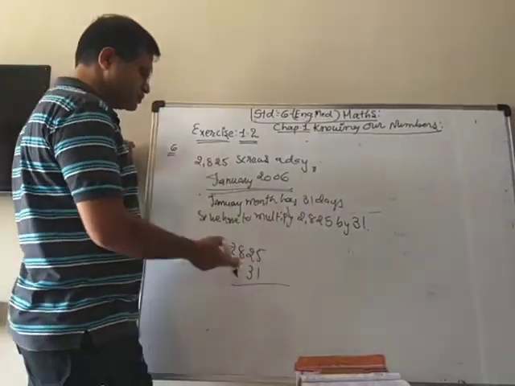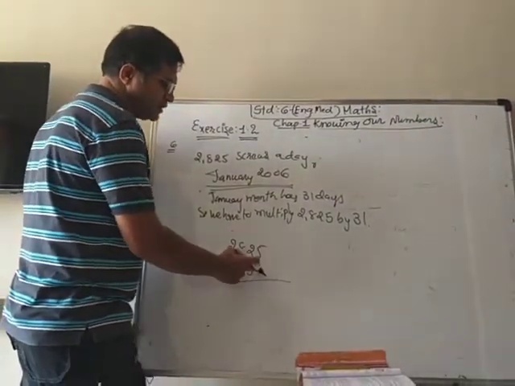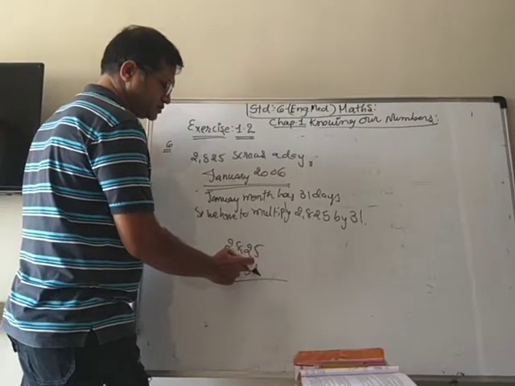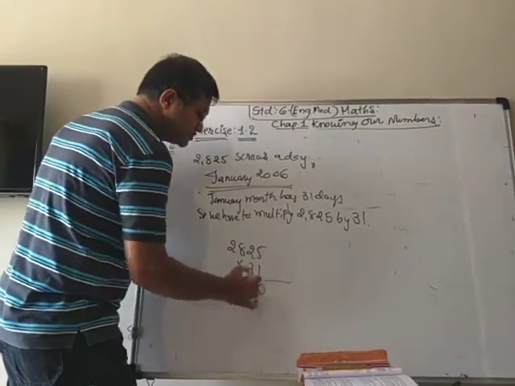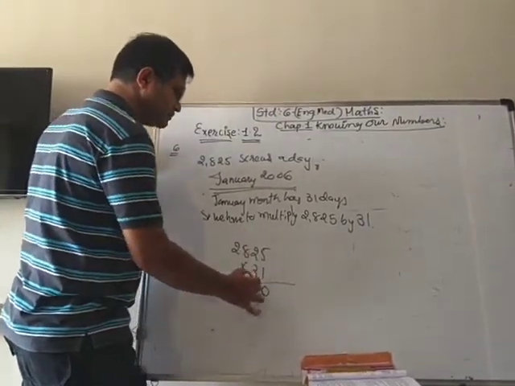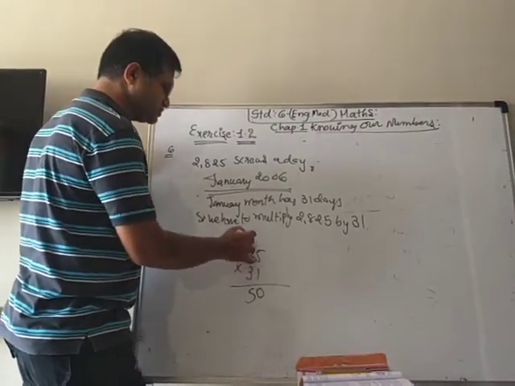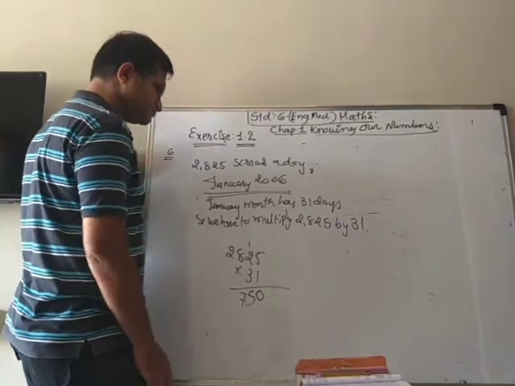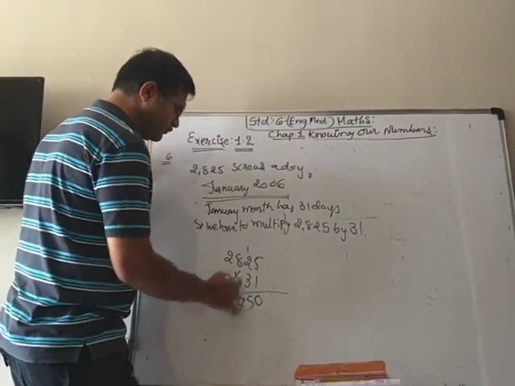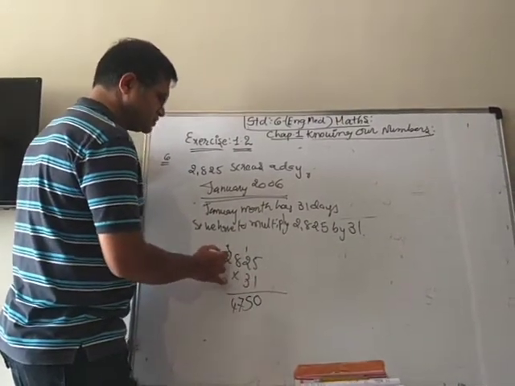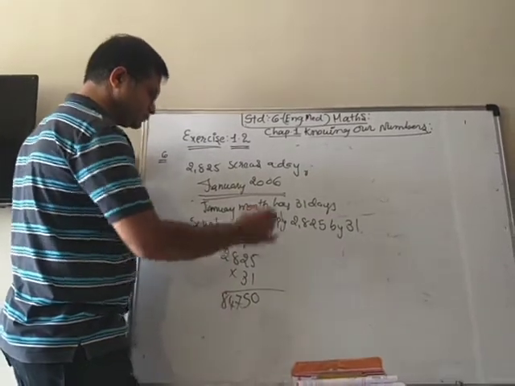Now, first of all, I will multiply with the 1 here. So first 0. 5 3s are 15. Carry 1. 3 2s are 6 plus 1, 7. 8 3s are 24. 3 2s are 6 plus 2, 8.